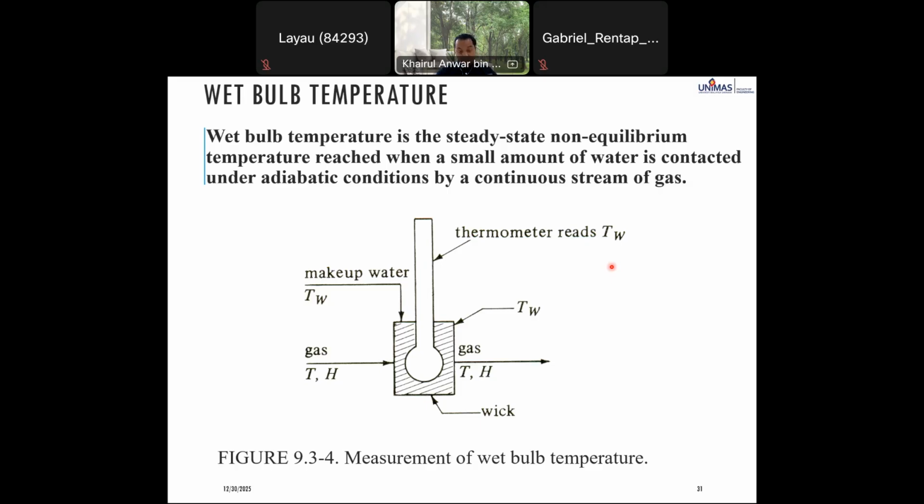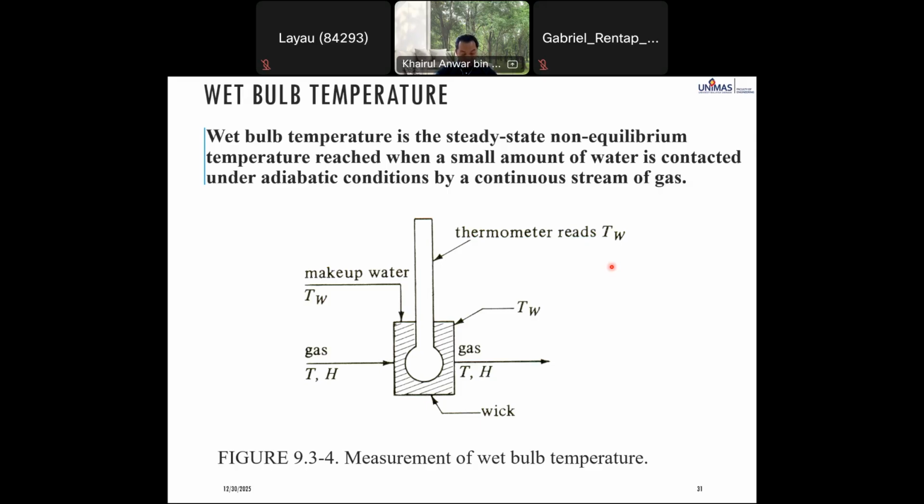So to measure the wet bulb temperature, we use this method, a wick or cloth. The wick is kept wet by water and is immersed in a flowing stream of water vapor having temperature of T, so T refers to dry bulb temperature, and humidity H. At steady state, water is evaporating to the gas stream.